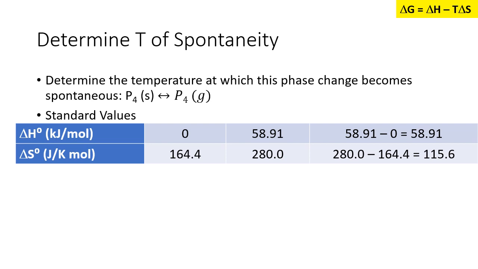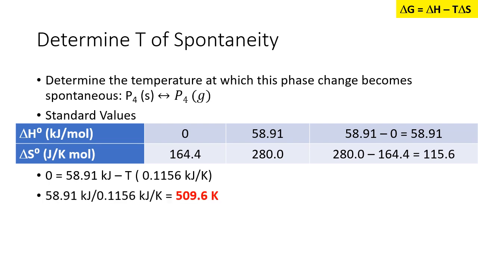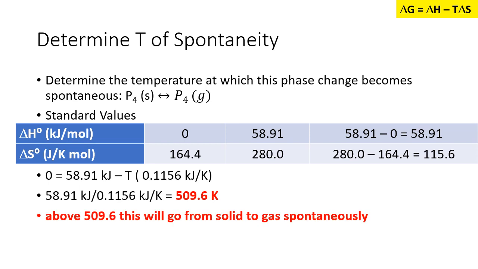We're going to plug in 0 for delta G, and then we're going to solve for T. When we solve for T in this equation, we get 509.6 Kelvin. And we know that at high temperatures, this is spontaneous, so it will be spontaneous above 509.6 Kelvin.